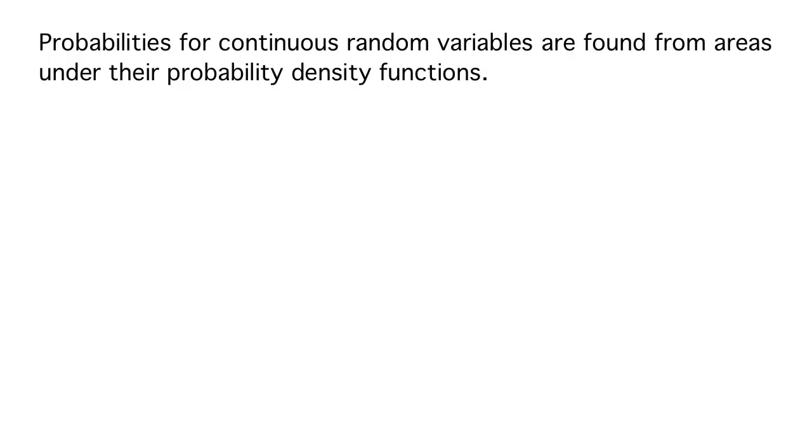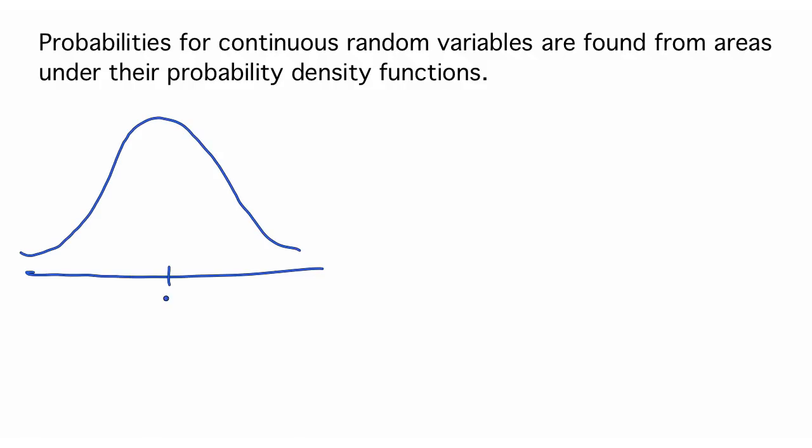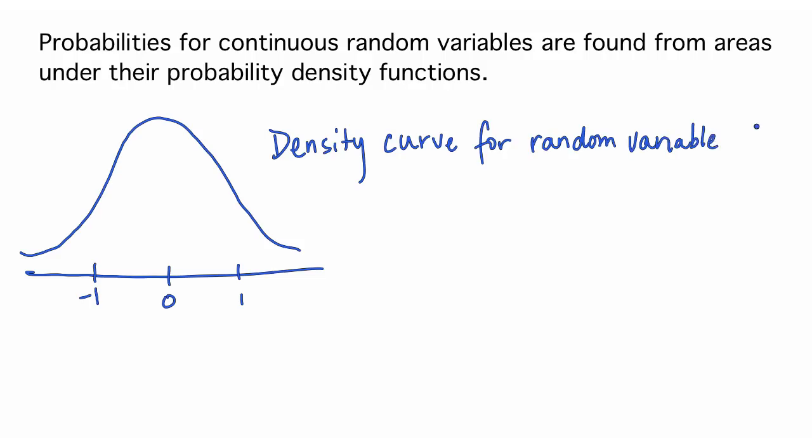Probabilities of continuous random variables, including random variables that have a normal distribution, are found from the areas under density curves. Here's an example, a normal distribution with a mean of 0, so the center or peak here is at 0, and a standard deviation of 1. Now, suppose we have a random variable, we'll call it z, and it has this distribution.